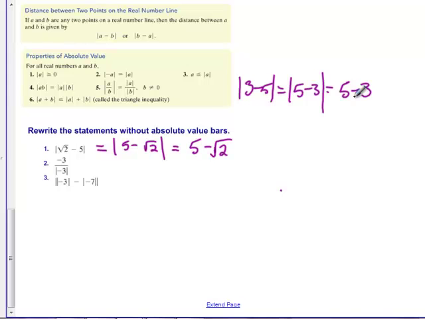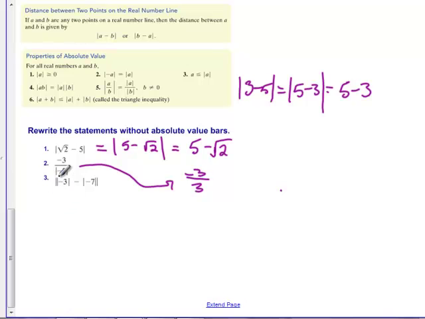For number 2, negative 3 over the absolute value of negative 3 is going to be what? Yeah, negative 3 over 3. All right, and then this one has double absolute value bars. I don't know if you guys caught that or not. Just like we did with our grouping symbols, like parentheses and brackets, you start as far inside as you possibly can.